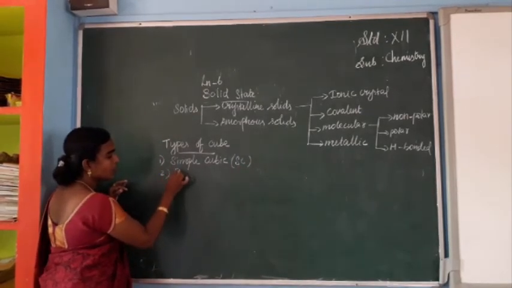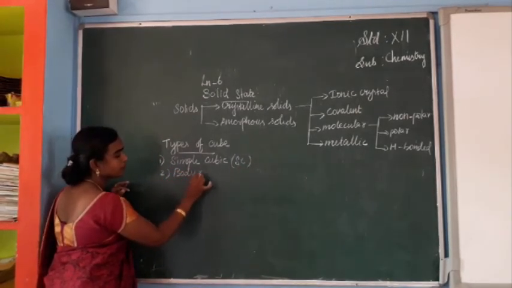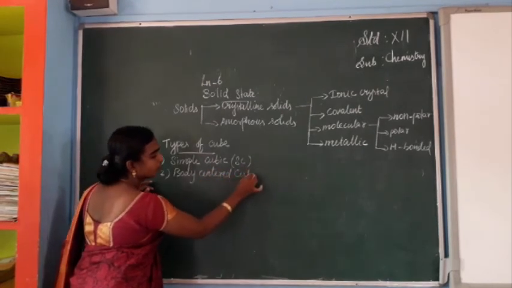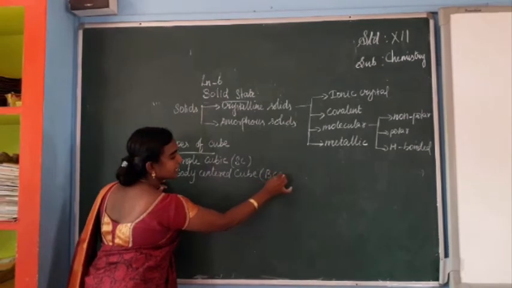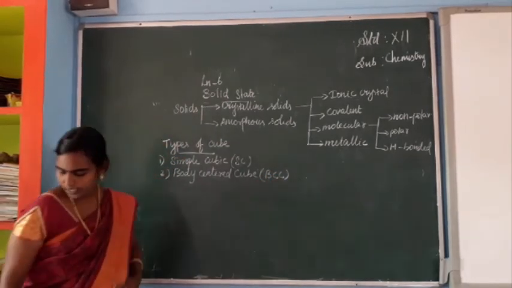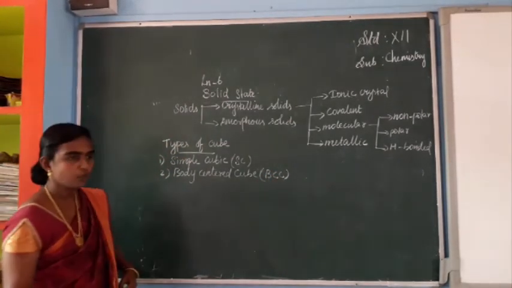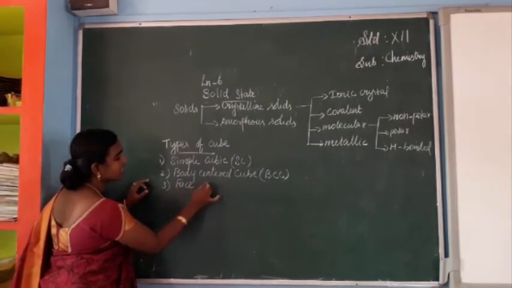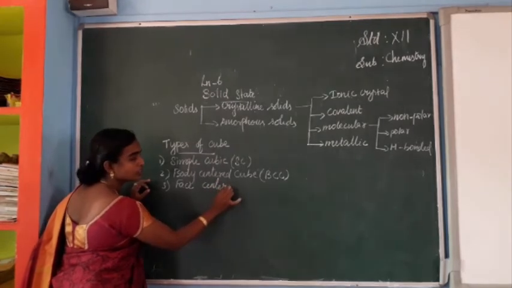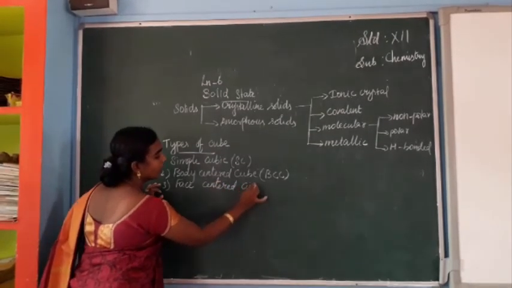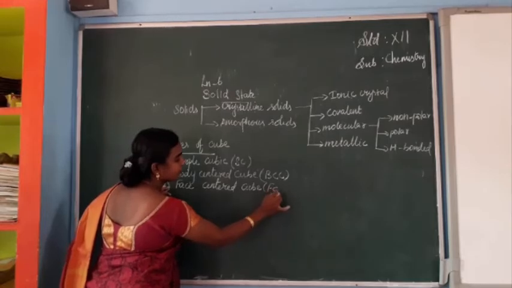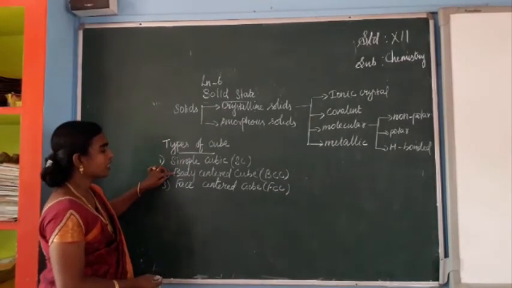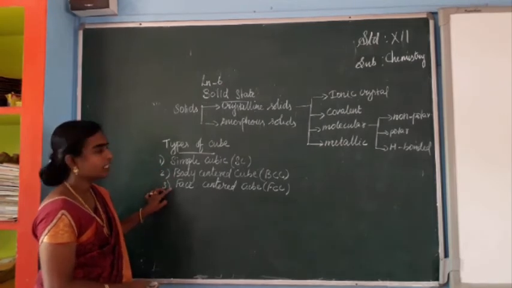Second one is body-centered cube, BCC. Third one is face-centered cube, FCC.